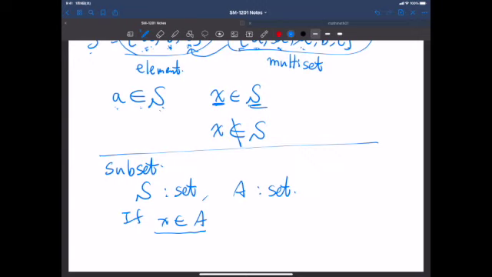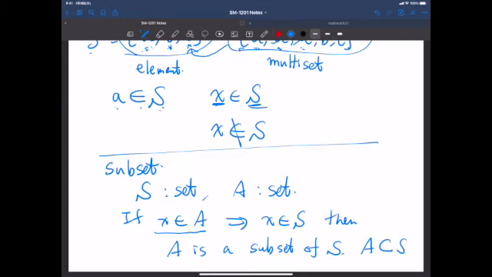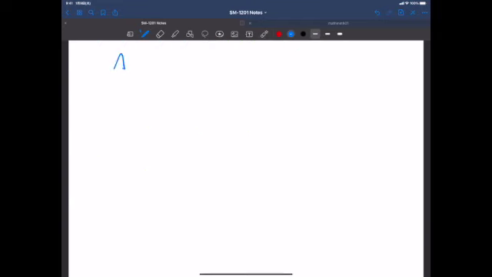If this implies X belongs to S, so this is another proposition, then A is a subset of S, and we write A is a subset of S. Sometimes we write A is a subset of S like this, so we might write this straight line here, but okay.